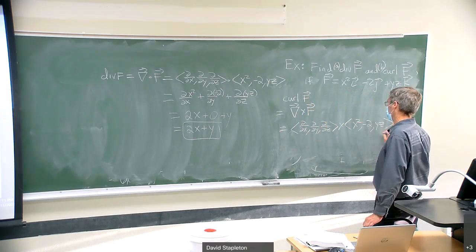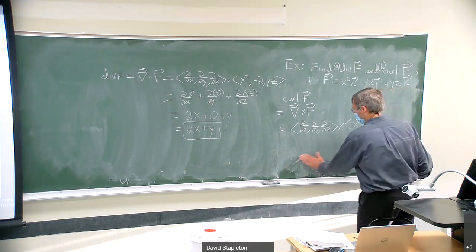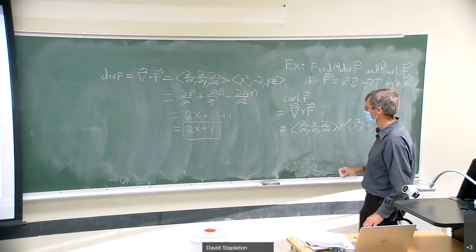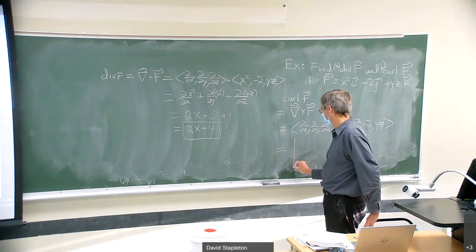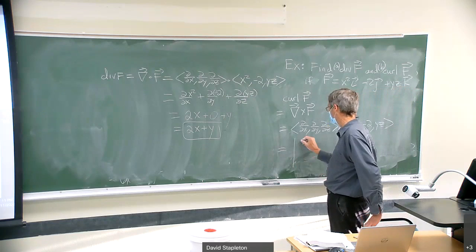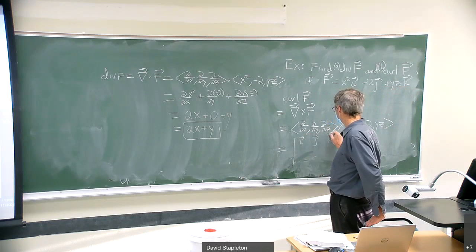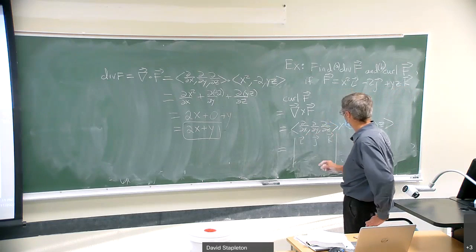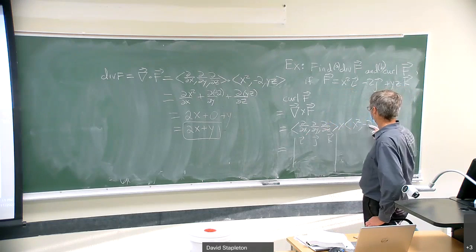Remember how to take the cross product? There's a nice fast formula, but the one that's easy to remember is to put it in the determinant. The determinant formula for computing the cross product is probably easiest for us. So we'll just put i, j, k in the first row, and then we put this one in the second row and this one in the third.